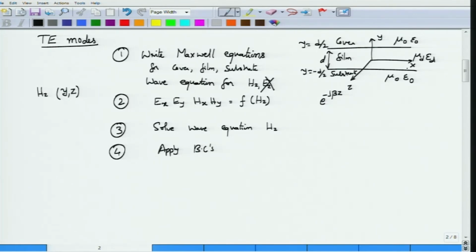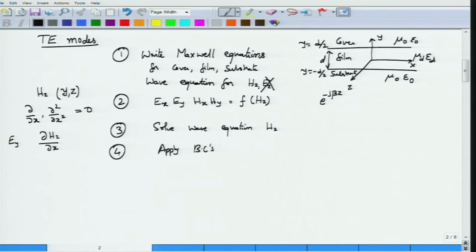Again, the reason is that the del by del x terms have dropped out because the slab is essentially infinite along the x direction. So all these terms like del by del x and del square by del x square would be equal to 0. So because of this fact, you will not find del Hz by del x, which would have given you a component along Ey, right?